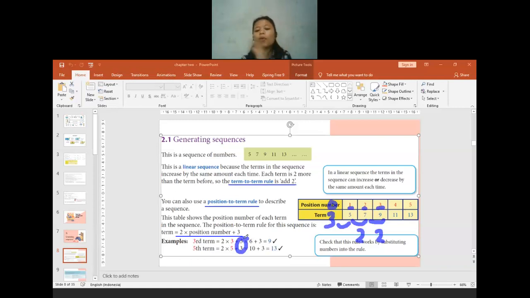Later in exercise 2.2, we will learn more about finding the position to term rule. Sir, can I ask? Yes, please. If the 5 is, for example, 13, it will be 11. Not plus 12.